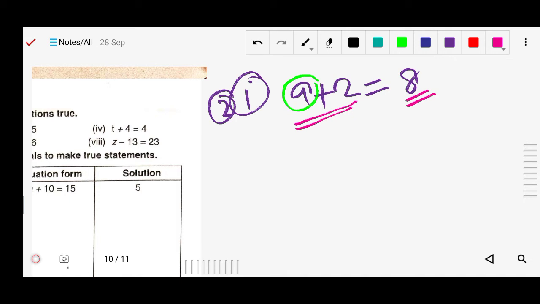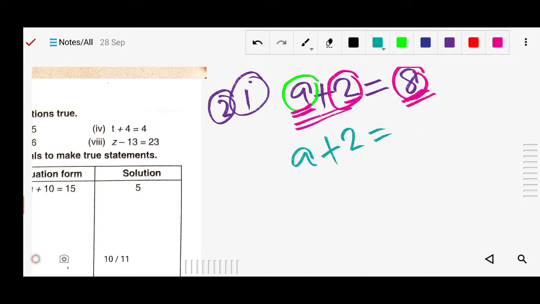You can check, here is the variable a, constant 2, and here is also the constant 8. So this constant and this constant we will write on one side, either the left side or the right side. So here I will change the sign.